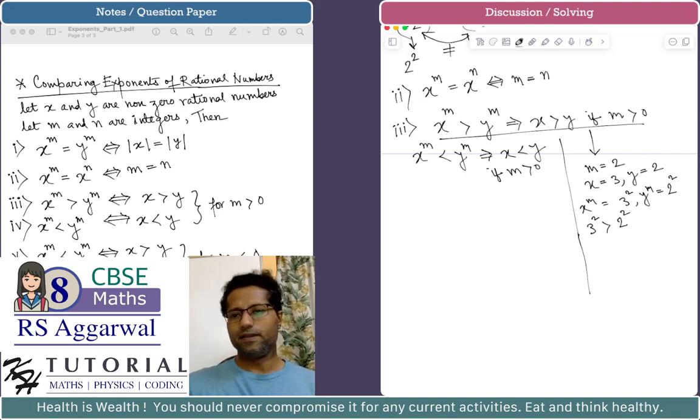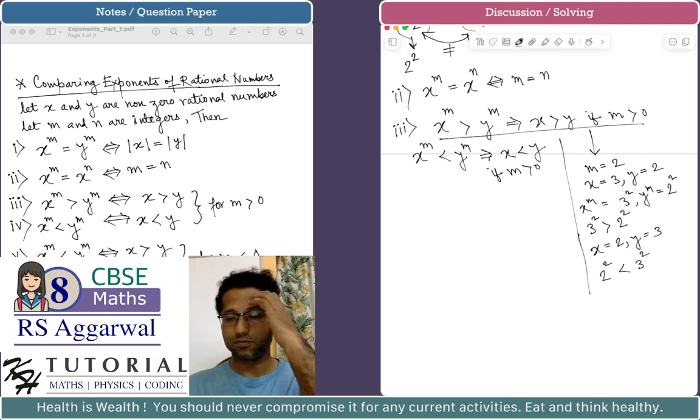Okay. So now you can see if x is equal to, let's say, 2 and y equals 3, definitely we will have 2 square less than 3 square. 2 square is less than 3 square.